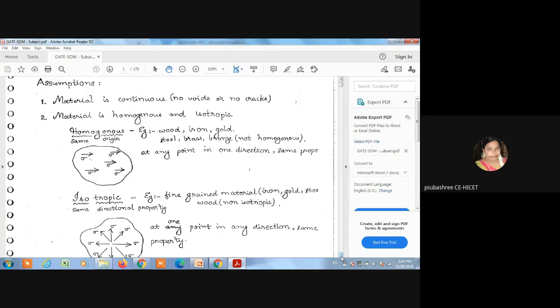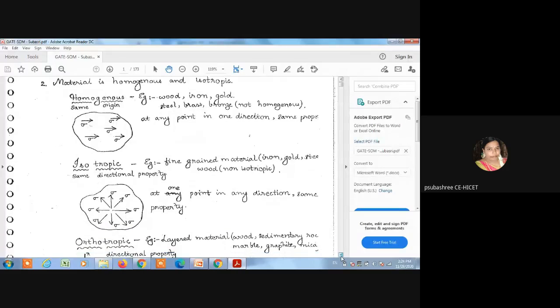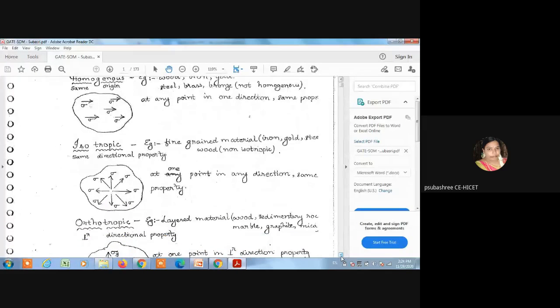Isotropic means a fine grain material. For example, the material has the same mechanical properties when you act in any direction. What is the difference between homogeneous and isotropic? Homogeneous means the material properties are the same or equal at any point in one direction.